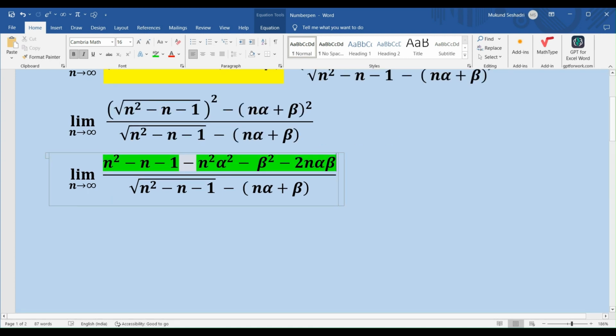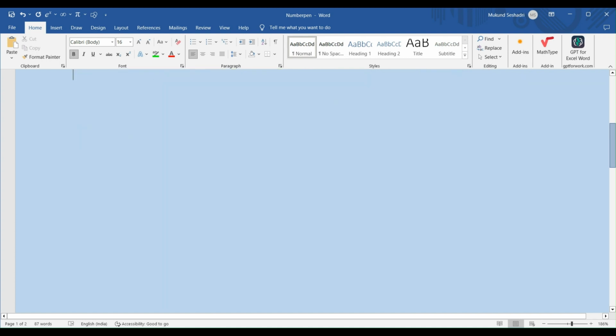Now all that I'm going to do next is combine the n square terms, combine the n terms, and combine the constant terms in the numerator. So we will have to do a little bit of jugglery with respect to the numerator. Let's rearrange these terms, combine the coefficients of n square, combine those of n, and then finally the constants, right?